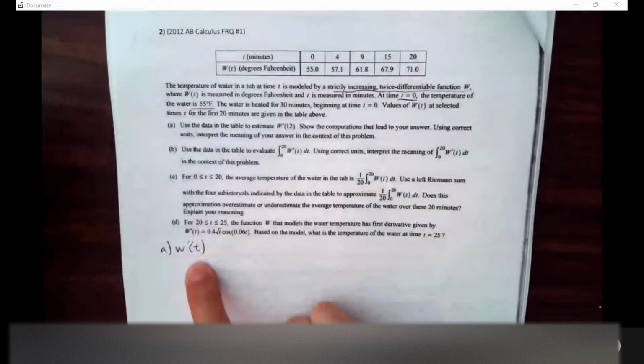Part A, use the data in the table to estimate W prime of 12. Let's talk about what W prime means. So W prime is just the rate of change of temperature with respect to time.